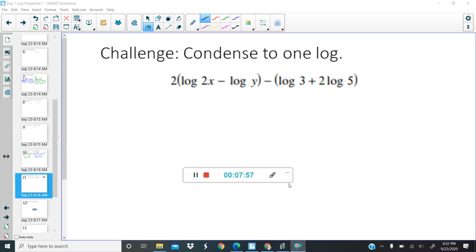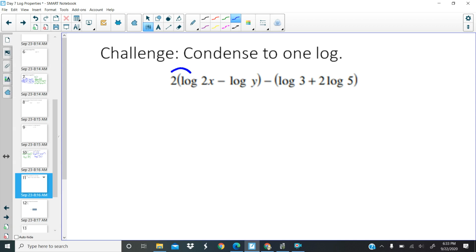So then this is a type of problem that you may see on a homework or a quiz or a test or something like that, where it's a little bit more challenging, where you have a lot going on and you need to condense it down to just one log. So I'm going to go ahead and start, and I have things in parentheses that need to be distributed out.